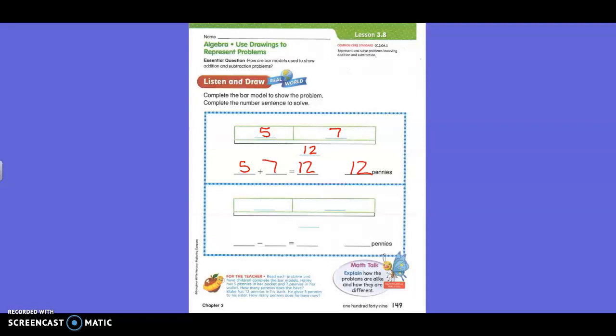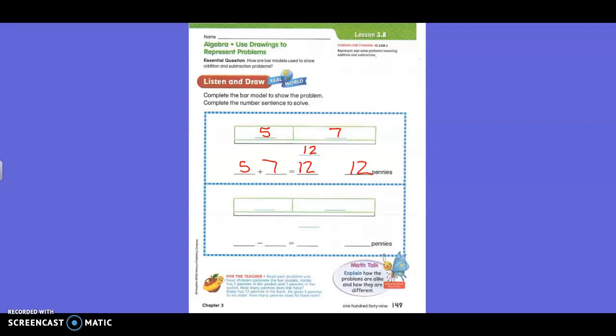Where do I put the 12? Kinley? In the bigger box, because that's the total amount of pennies he has. Okay? Where is the total usually? The big number.